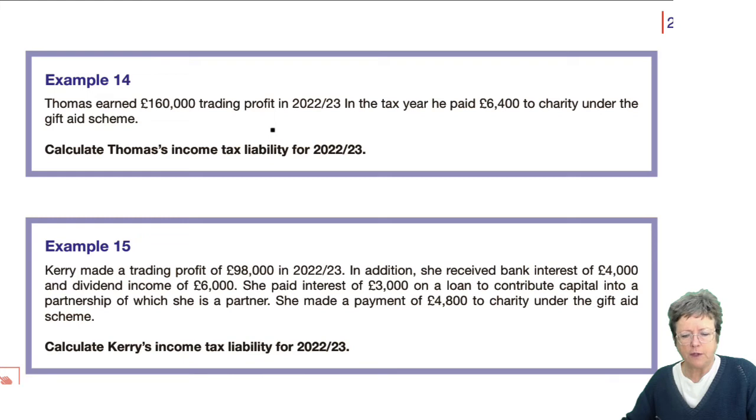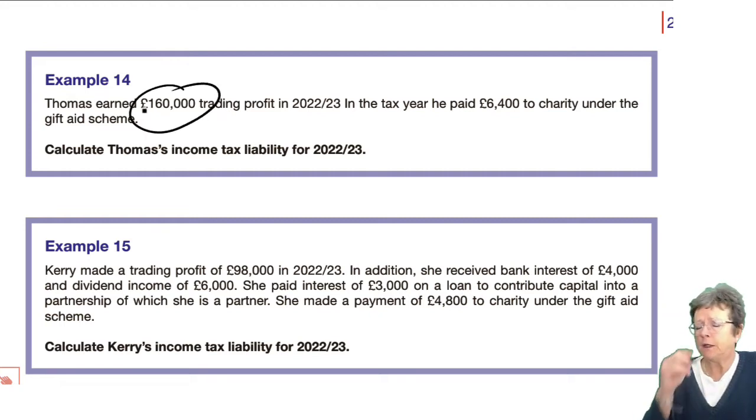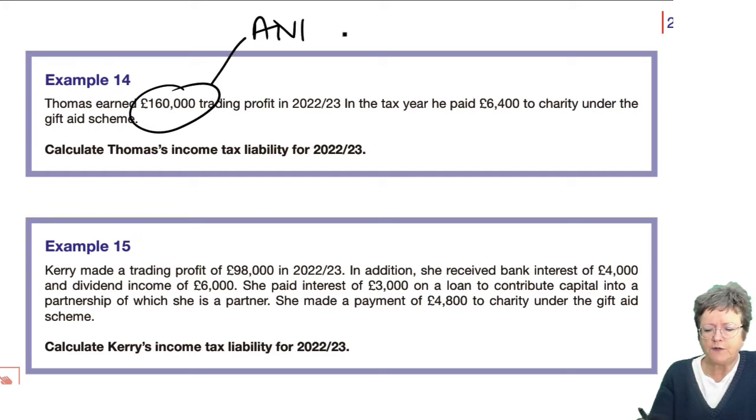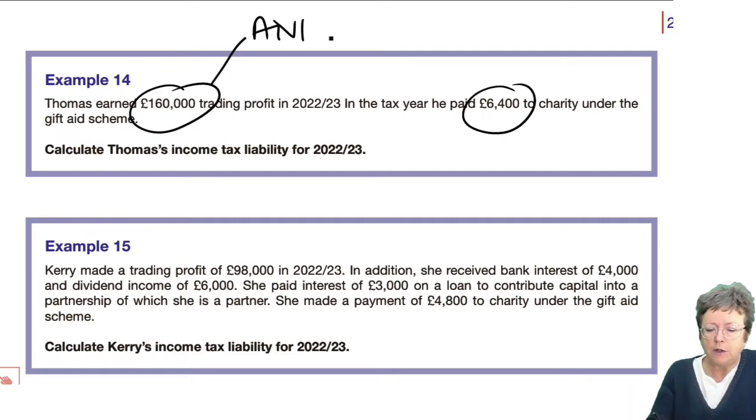Let's have a look at example number 14 now. Now there are several aspects in this. Trading income, way off. So you'd have to think of ANI. He's paid a charity figure, so that needs to go into the calculation. What's his personal allowance situation going to be?